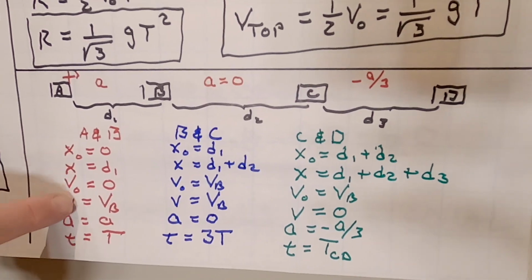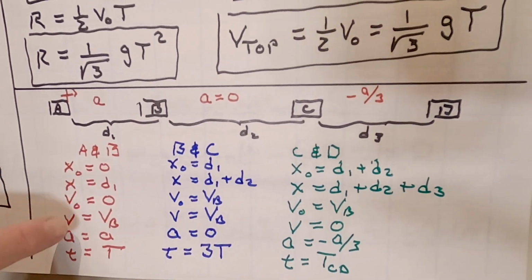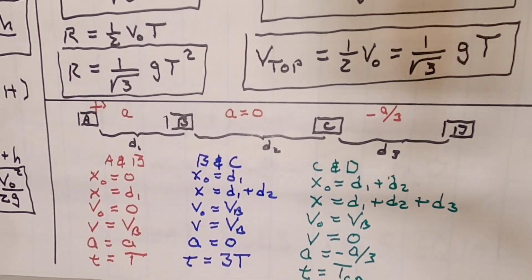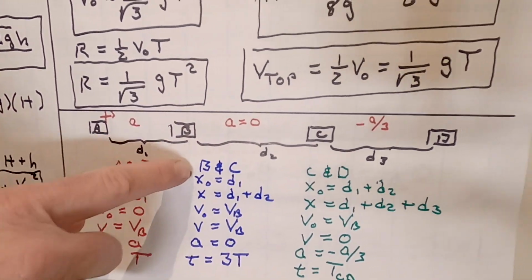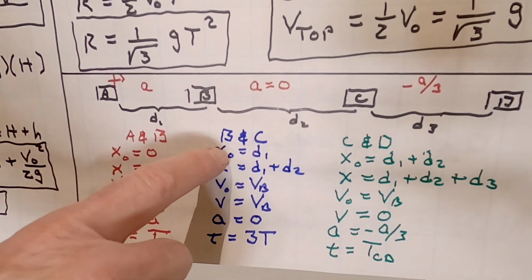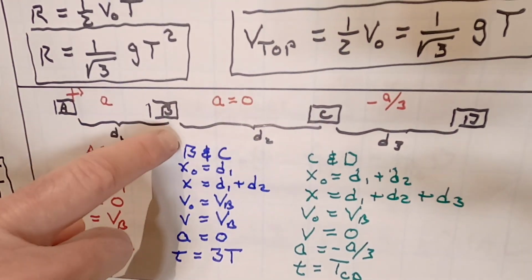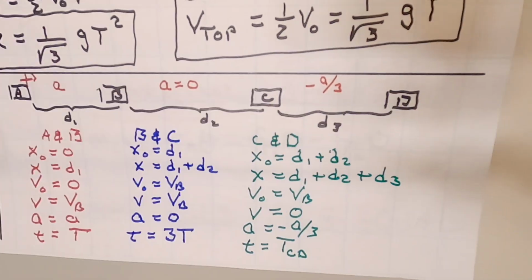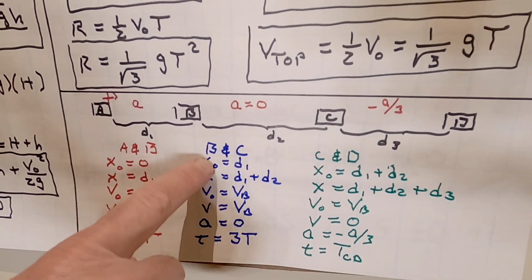So here was our list between A and B: x naught 0, x D1, V naught is 0, V is VB, A is A, T is T. Now, most of the people that got this wrong is because they said that x sub naught is D1 and x is D2. It's not. Way out there, this point is D1, this point is D1 plus D2, this is D1 plus D2 plus D3. So make sure you put those in there.